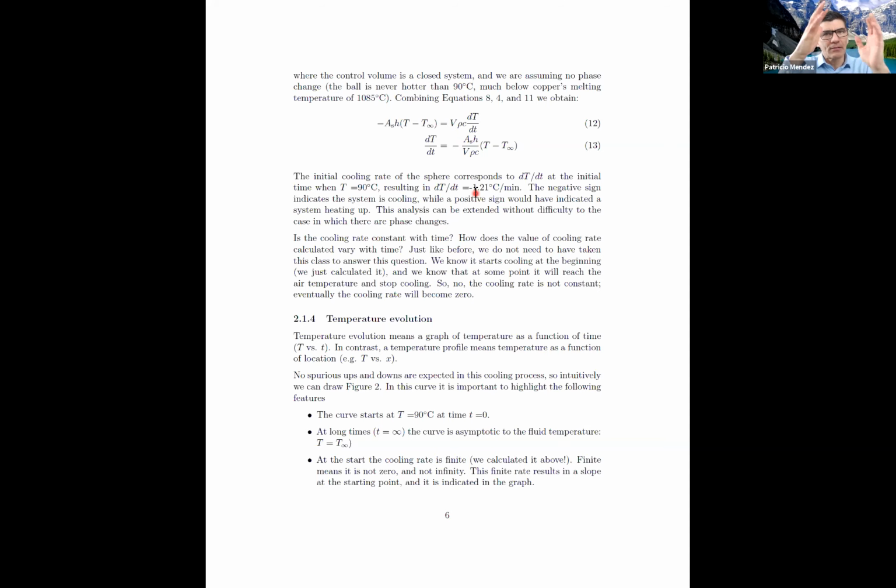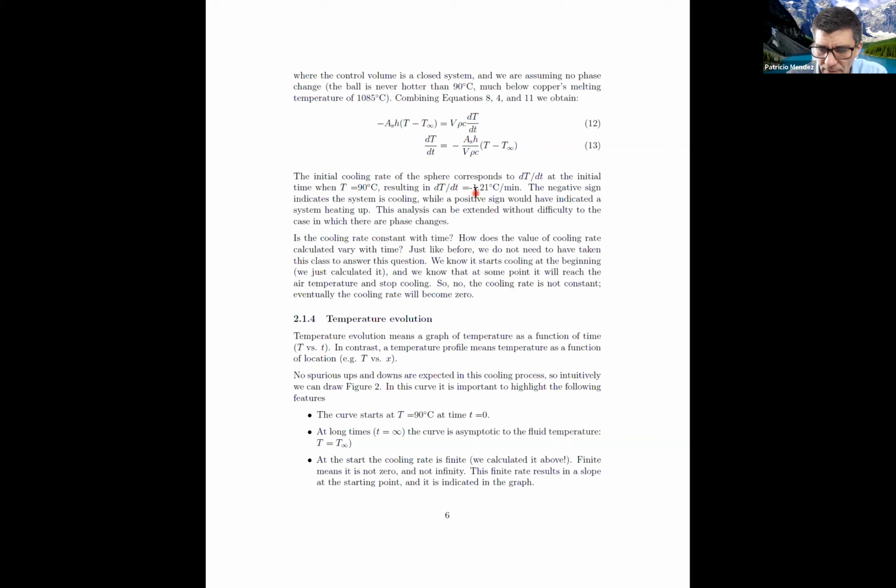It's going to start cooling fast and then cooling slower. If I were to make a chart, I would see some sort of an exponential decay, in which it starts cooling down more or less fast and eventually cools down slower.